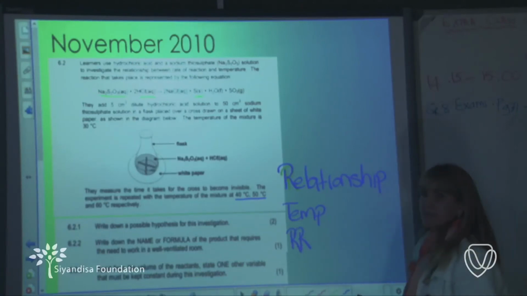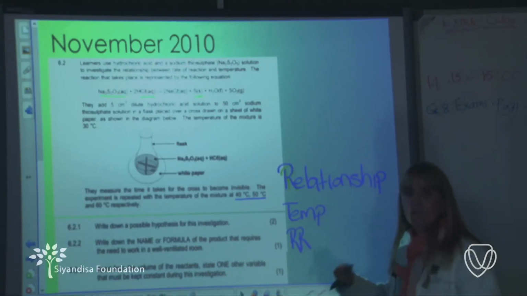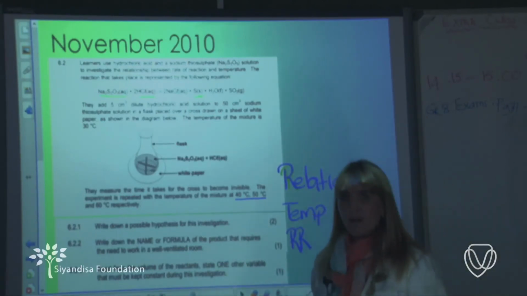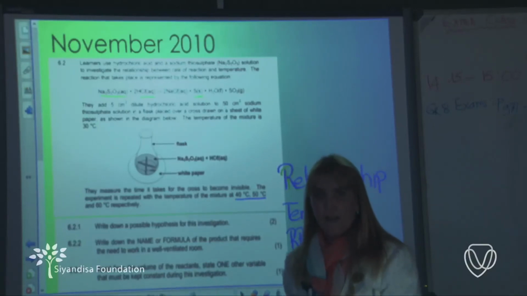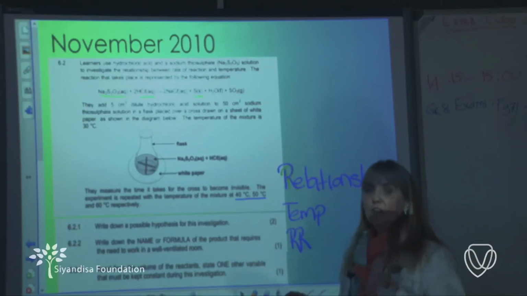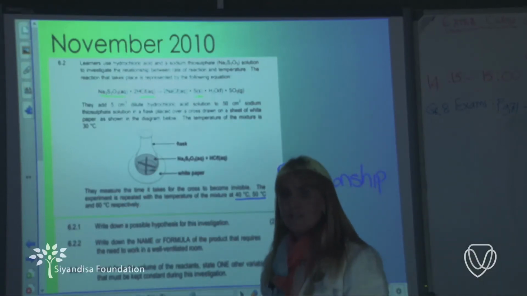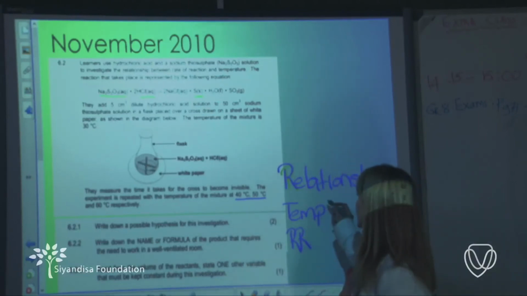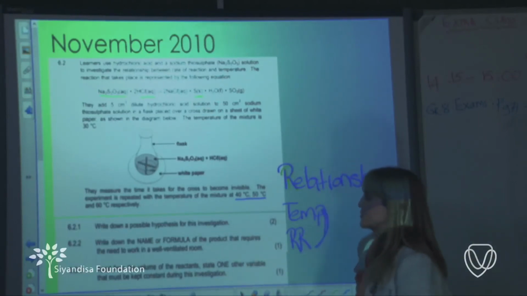So what does our hypothesis need to include? The relationship between temperature and the rate of a chemical reaction. Now, we know that an increase in temperature increases the rate of a chemical reaction. So our hypothesis would be: increasing temperature increases the rate of a chemical reaction. Speaking about the relationship between the two variables.